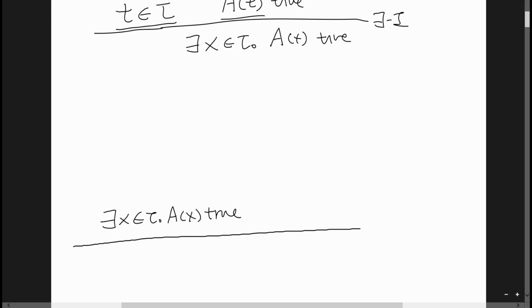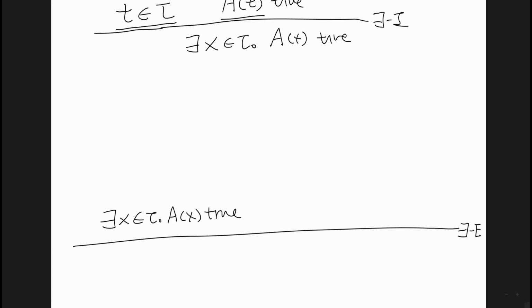And the question is, how can we eliminate the existential? How can we exploit this existing judgment?